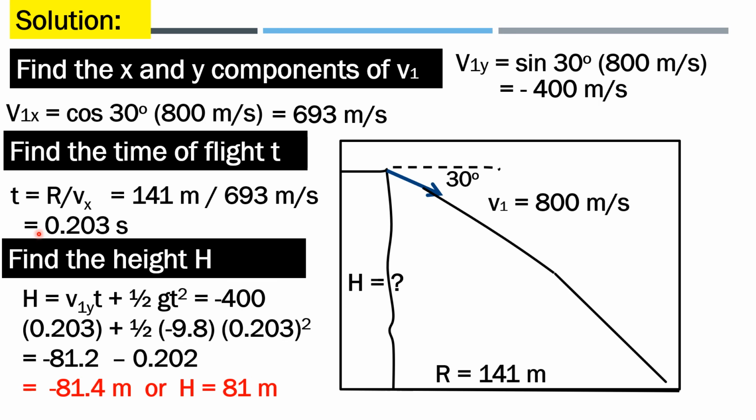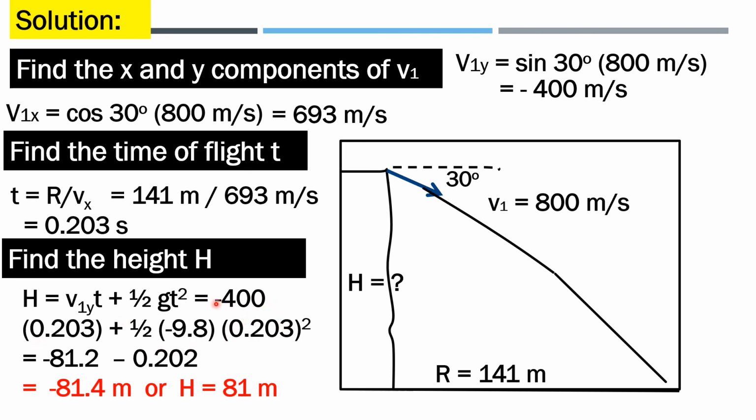We already know the time t, so upon substitution, the v1y or the downward vertical component of the velocity has been determined earlier. That is negative 400 meters per second. I will not include the unit here anymore for lack of space.